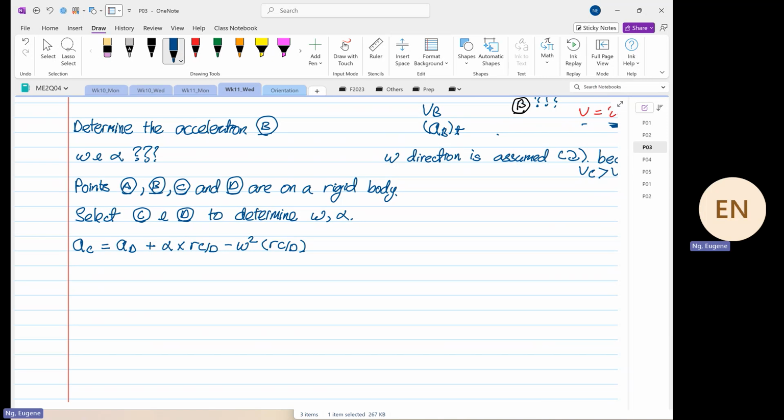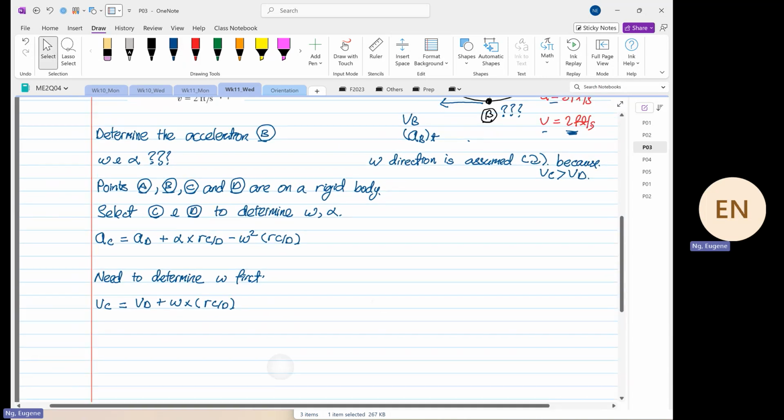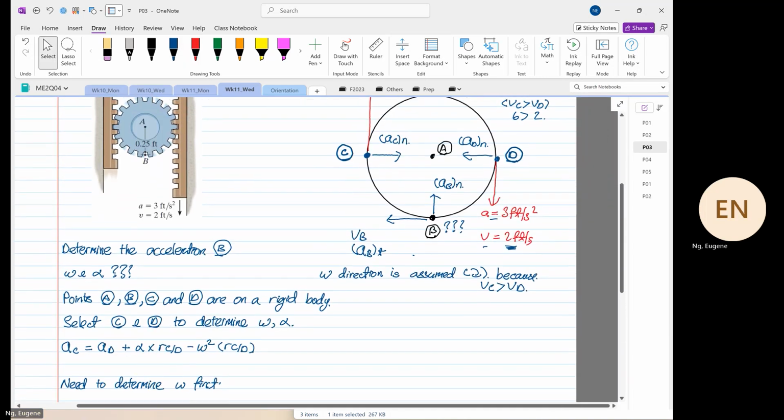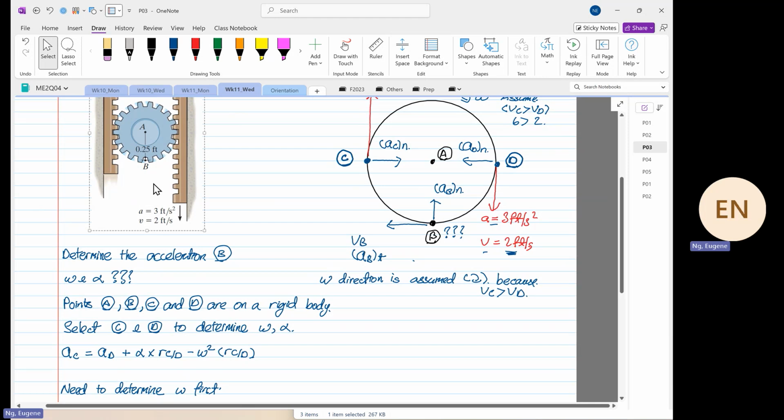So the first thing to do, we need to determine omega first. We can use velocity at point C is equal to velocity of point D plus omega cross R C from point D. Let me get this diagram down.